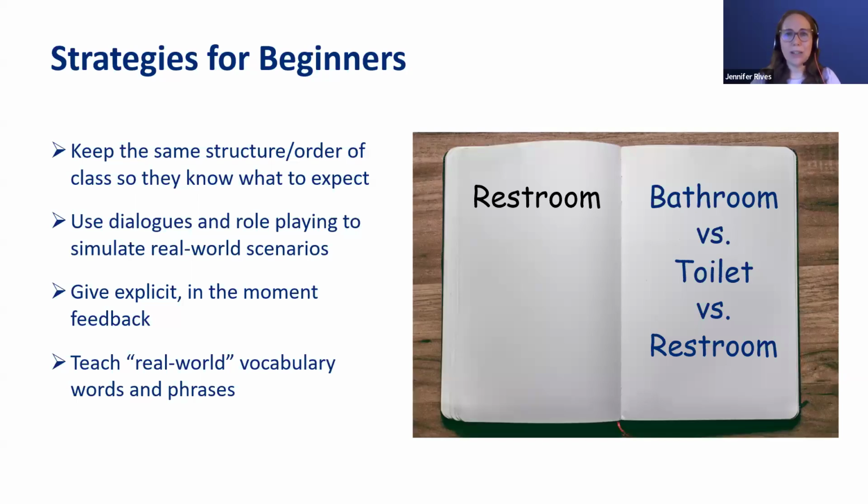So, for example, restroom is often considered more polite in most contexts than bathroom or toilet. So, you could teach other words like bathroom or toilet and discuss how those differ in meaning as well as in contextual use. And you may find that this differs across countries and also across conversational situations.